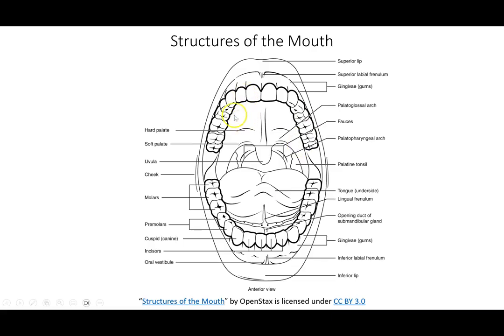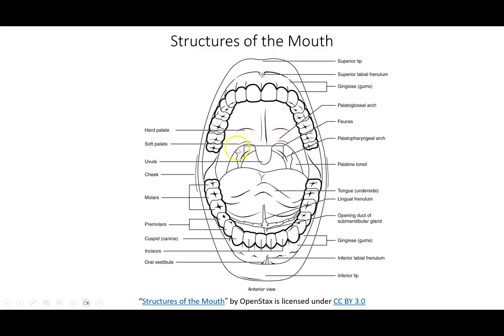So, hard palate is this more front portion of the roof of the mouth. The soft palate is further back, right before the uvula itself. And so now that we've got this graphic, here's the palatoglossal arch right here, kind of coming off of the soft palate.